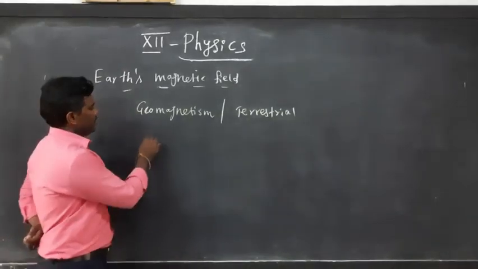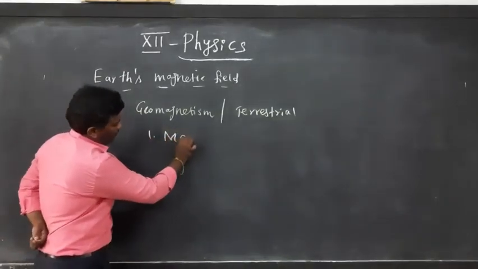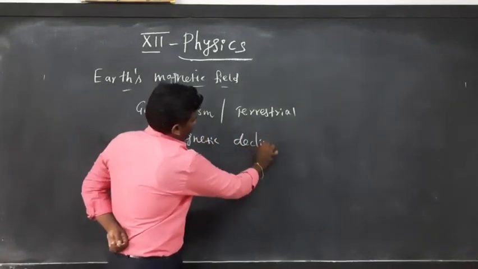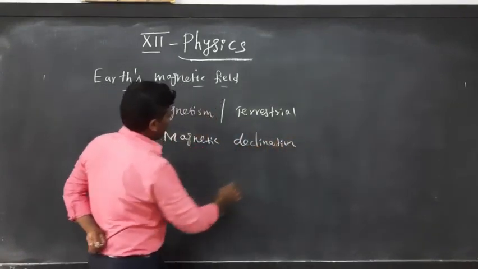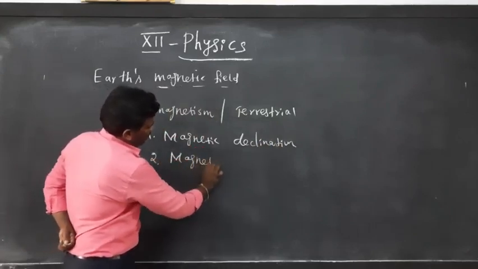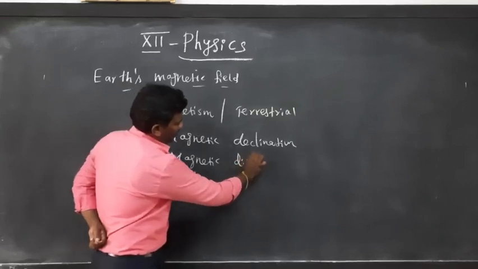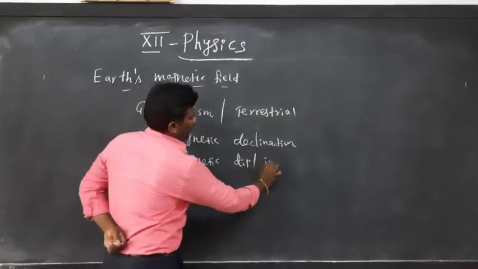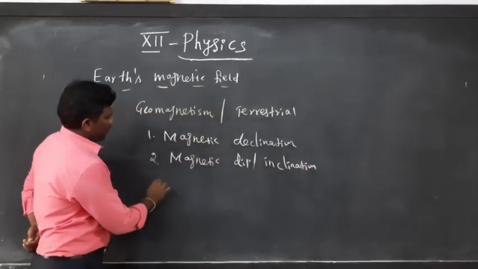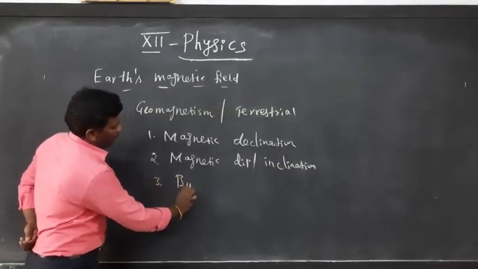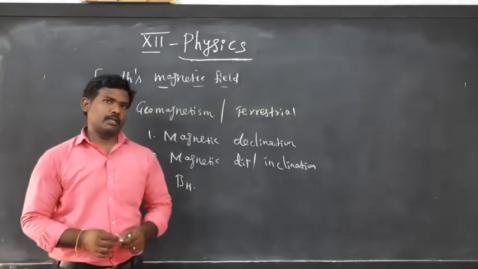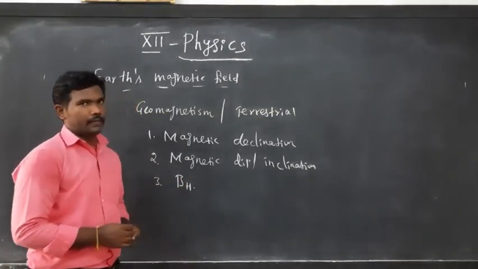The first quantity is magnetic declination, the second one is magnetic dip, otherwise called magnetic inclination, and the third quantity is the horizontal component of the earth's magnetic field.